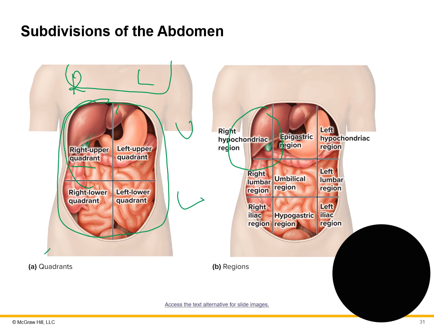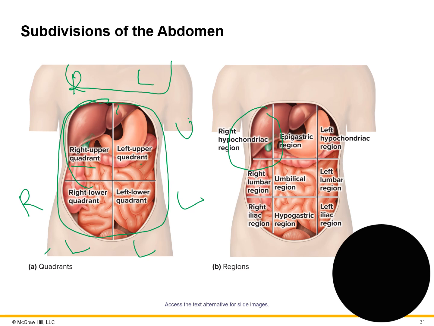This one is going to be what? Right upper quadrant. This is the left upper quadrant. This one is the right lower quadrant. This one is the left lower quadrant. So that's the way they're going to write it down.